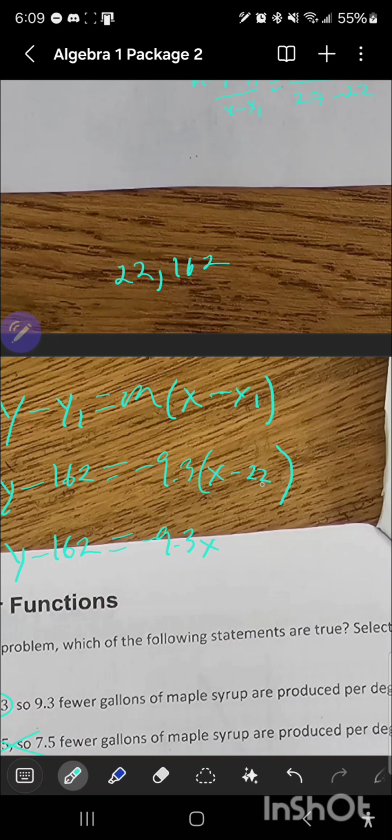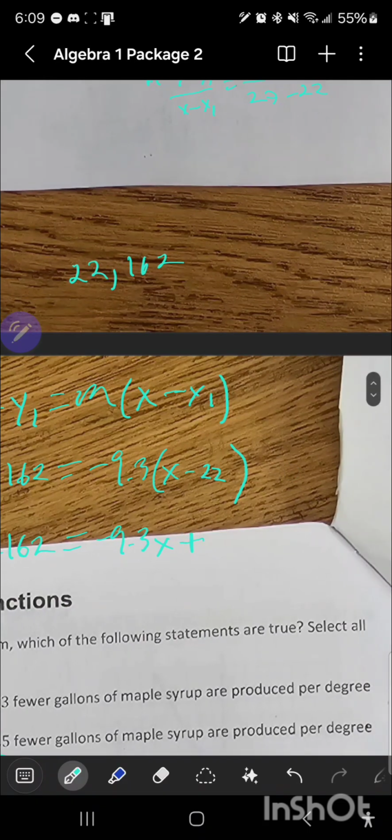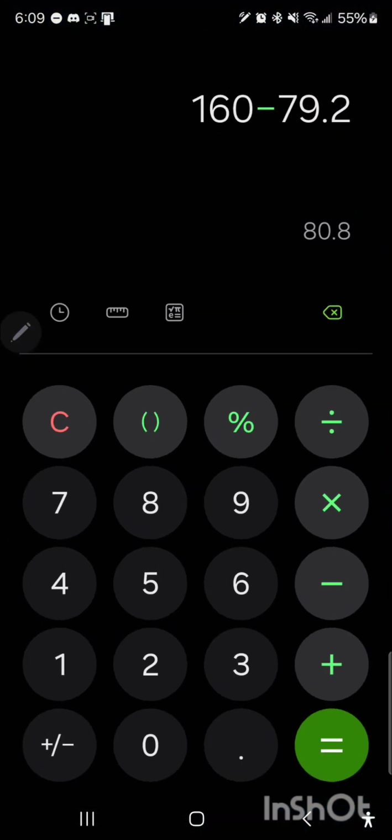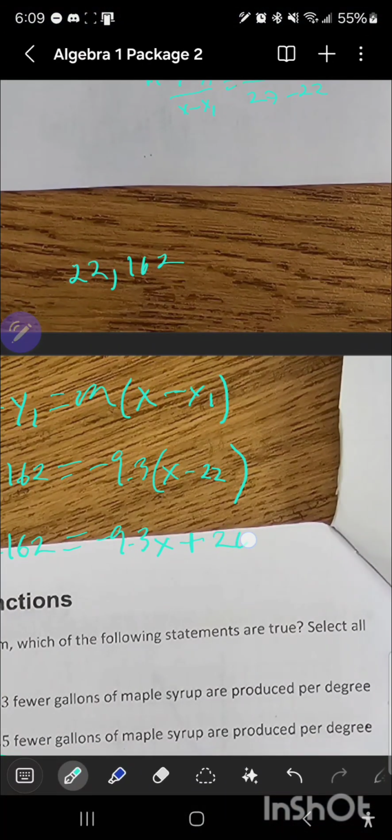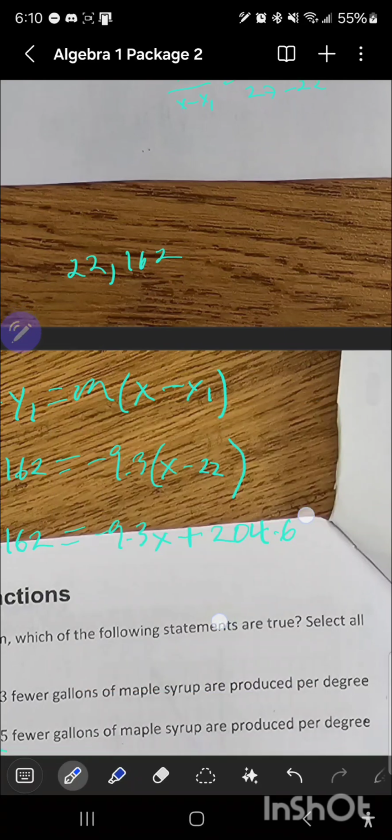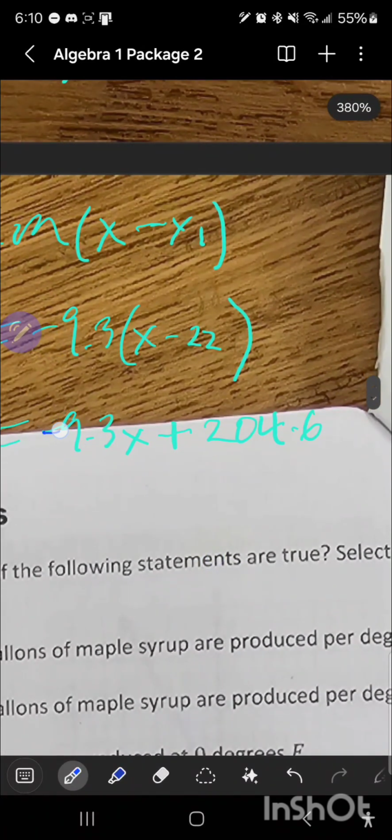Now negative and negative is positive, so negative 9.3 times negative 22 is going to be positive. 22 times 9.3 is 204.6. I'm going to use another color so you can see better. I'm just writing over the one I had before.